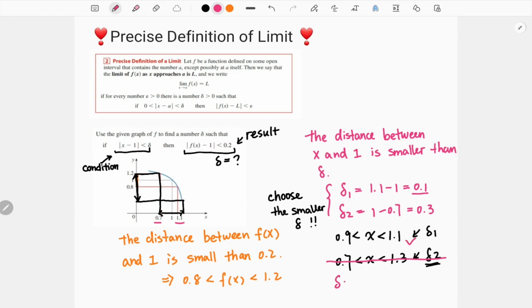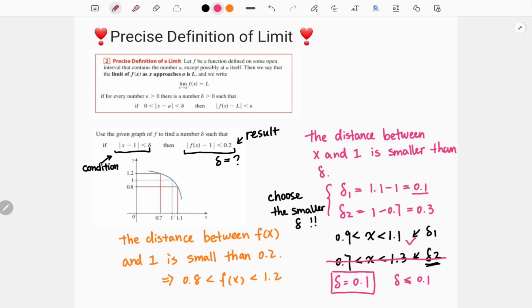So our delta could be 0.1. Just want to add one last thing here. The solution for this question is not unique. As long as my delta is smaller than or equal to 0.1, this result can always be true.